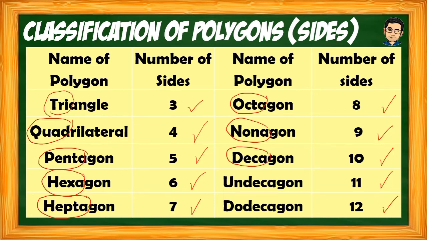And then undecagon, yung UN po kasing an, that's 1, means 1. And then deca, 10. So 1 plus 10 is 11. And then do naman means 2. Tsaka yung deca, 10. Kaya 12. And then kapag naman, halimbawa, 30 sides yung polygon, that is 30gon. Okay. So, n-gon.